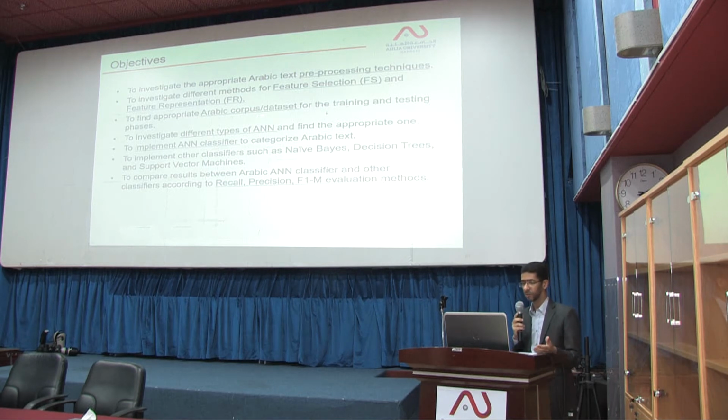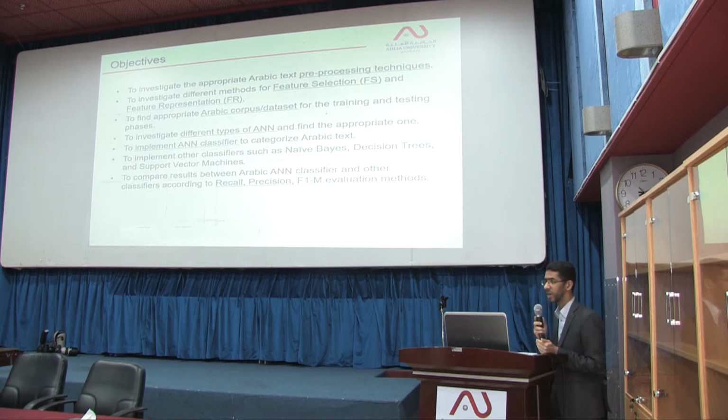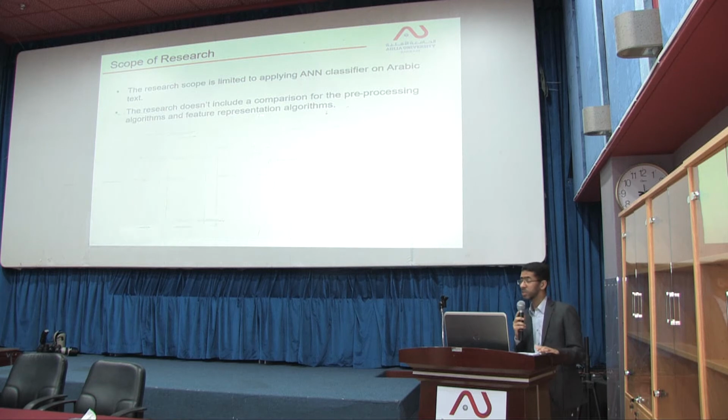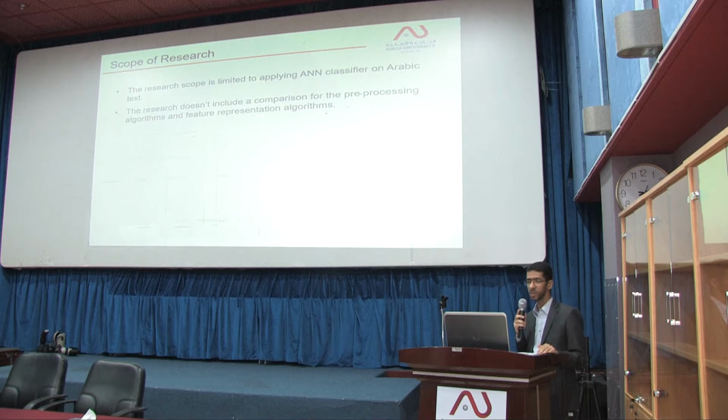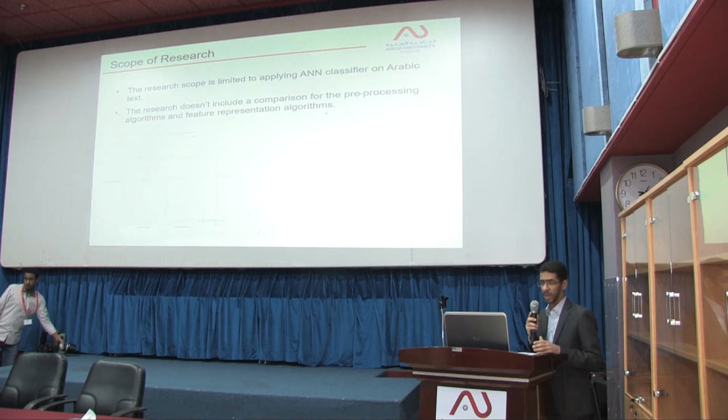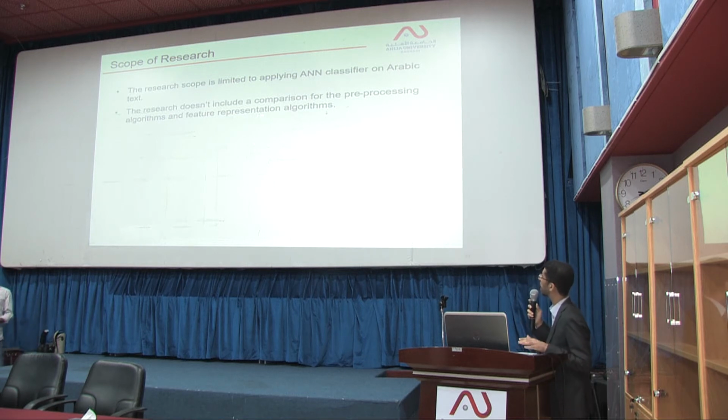Also, I need to investigate different types of artificial neural networks and find the appropriate one, and to implement the ANN classifier and other classifiers. The scope of this research is limited to applying the ANN classifier on Arabic text, and it will not include a comparison of pre-processing steps, algorithms, or feature representation algorithms.